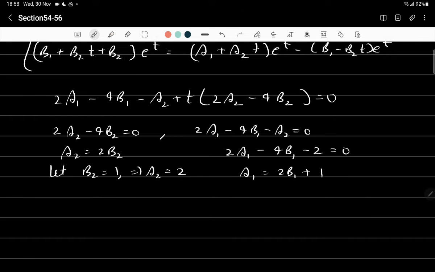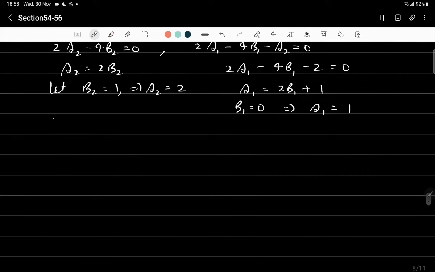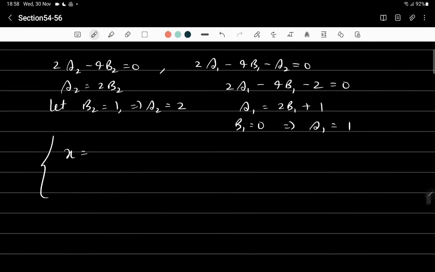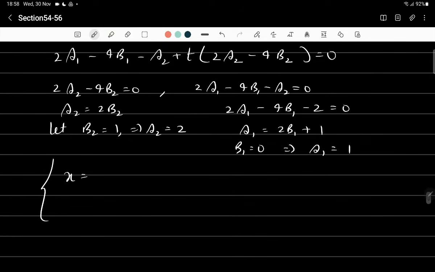Yes, so now let b1 be 0, which implies a1 is 1. You can choose any value which is satisfying this equation. So it means that your second solution would look like a1 plus a2t. Your a1 is 1, a2 is 2, so (1 plus 2t) e raised to the power t, and y is b1 plus b2t. b1 is 0, b2 is 1, so t e raised to the power t.